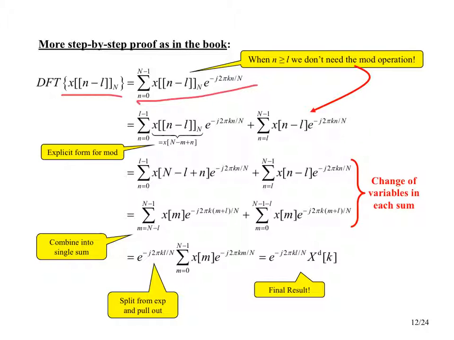And this little box up here is just pointing out that only for certain values over the sum do you actually have any need for that mod. So we'll break it down into the parts where we need the mod and the parts where we don't need the mod. When n is bigger than or equal to L, we don't need the mod, and so that's that range of the sum.